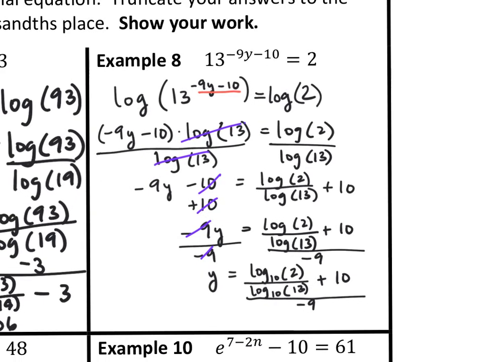Okay. And so when we type this into our calculator, we're going to get a decimal, and you should get a negative 1.1411.